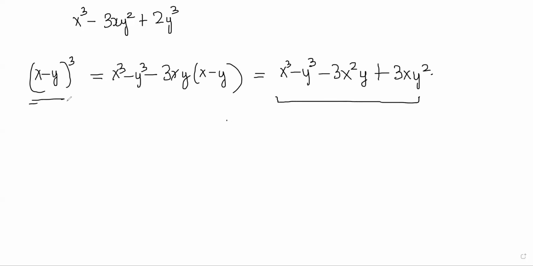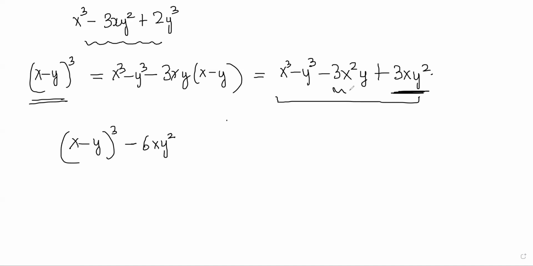This is x minus y whole cube. Notice that I don't have exactly the same thing, but what I can do is I can say x minus y whole cube. Notice that this is a plus 3xy square. I need to do a minus 6xy square, right? Correct? Also, I need to add this term because this term is not there here, no?